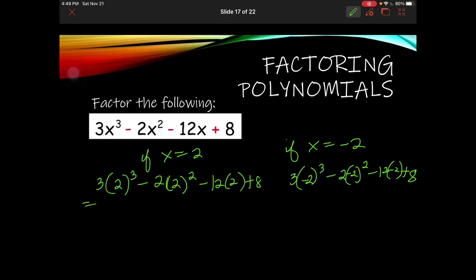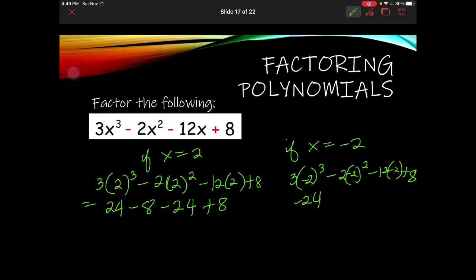So, here, makakuha po tayo ng 2 cubed by 8. 8 times 3 ay 24. Minus 2 square ay 4 times 2 ay 8. Negative 2 times 12, negative 24, plus 8. Here, we will have a negative 8 times 3. Meron po tayong negative 24.